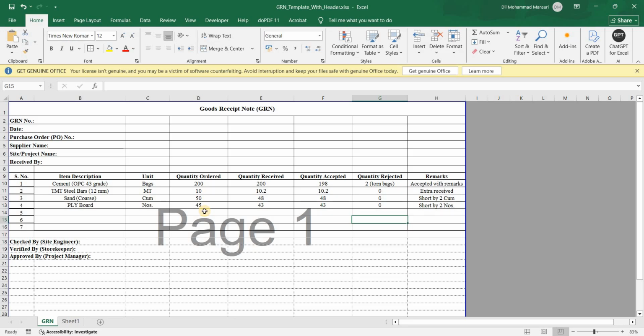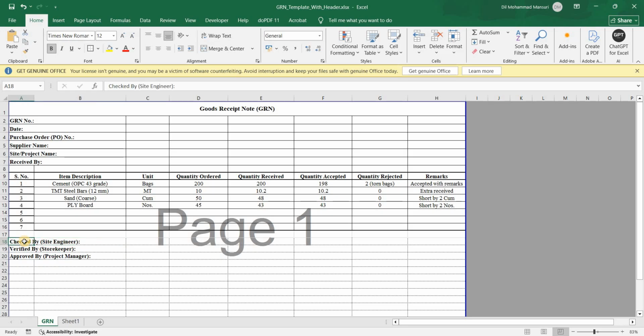So the good thing is, whenever materials come, just make sure that you make a record of all the items which arrive on site, checked by the site engineer, verified by the storekeeper, and if a project manager is available on site, then make sure that he signs also. Then you will be on the safe side. So this part is very important for a storekeeper, those who are keeping the materials delivered on site, and also for the site engineer, because we all have to go through that.